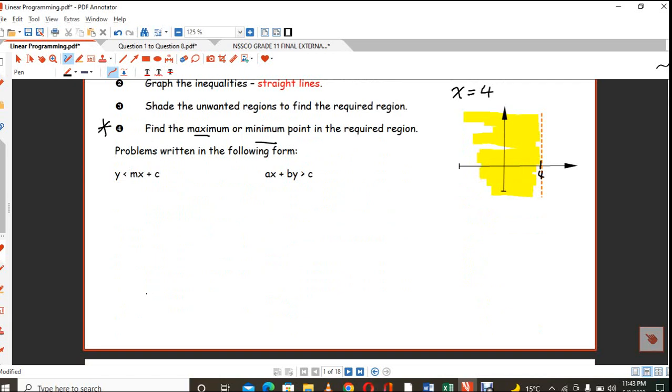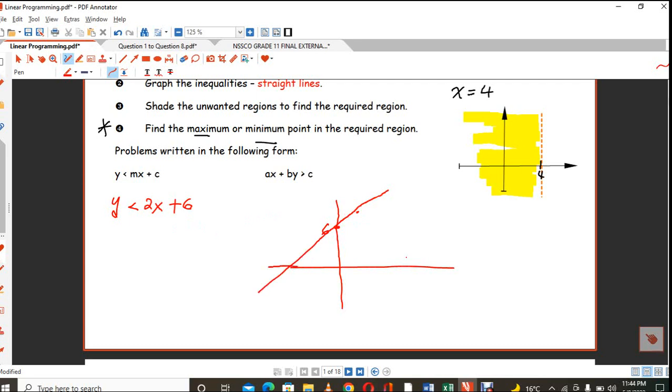Then there is something that I perhaps want to reiterate to you. If you have inequalities of this nature, let's say you have y is less than 2x plus c. This type of inequality. Let's say our c is a number like 6. If you were to graph that particular inequality, let's say my 6 is here, my gradient is 2, so this particular line is going to be a line that goes in this direction.